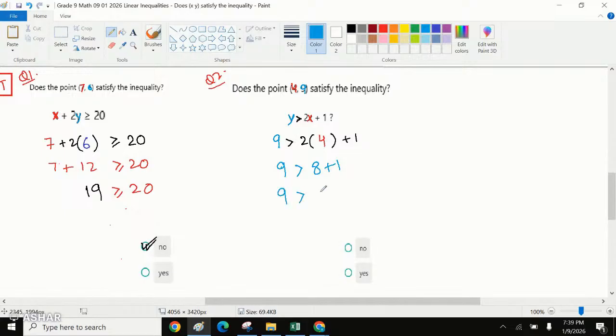Is 9 greater than 9? Is the left hand side greater than the right hand side? It is not. They both are equal, right? So this is a false statement. And if it is a false statement, that means it will not justify. Okay?